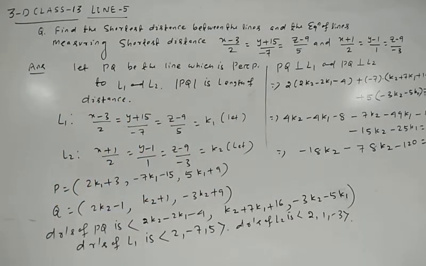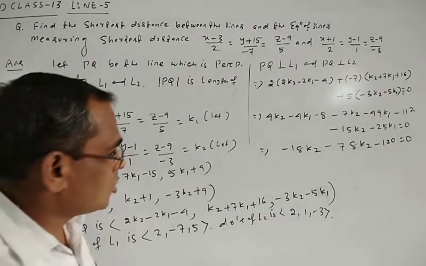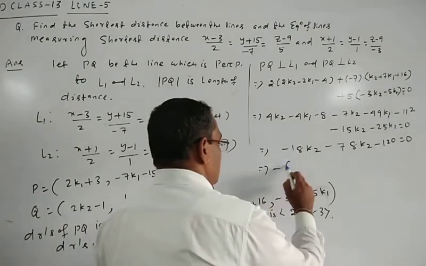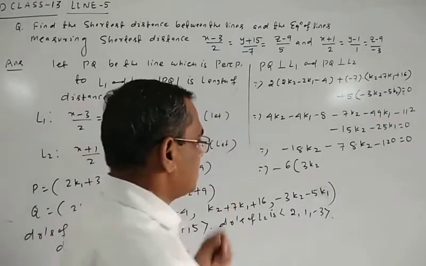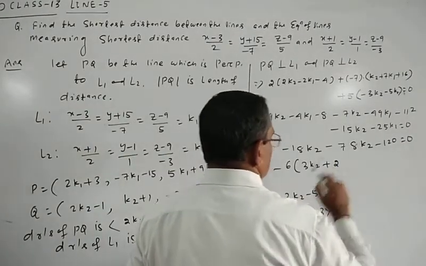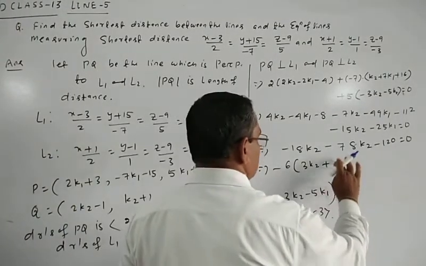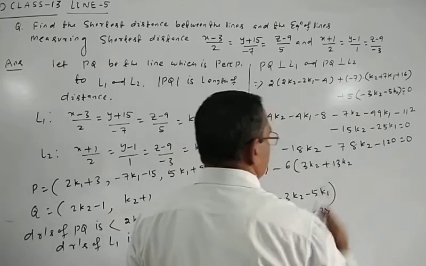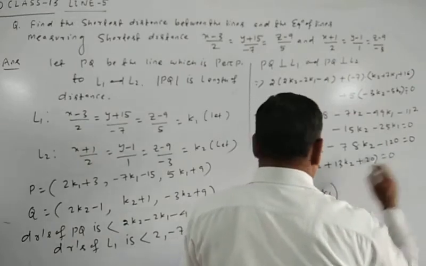So take it common minus 6, so minus 6 common, 3K2 plus 13K2, okay, plus 20 is equal to 0.